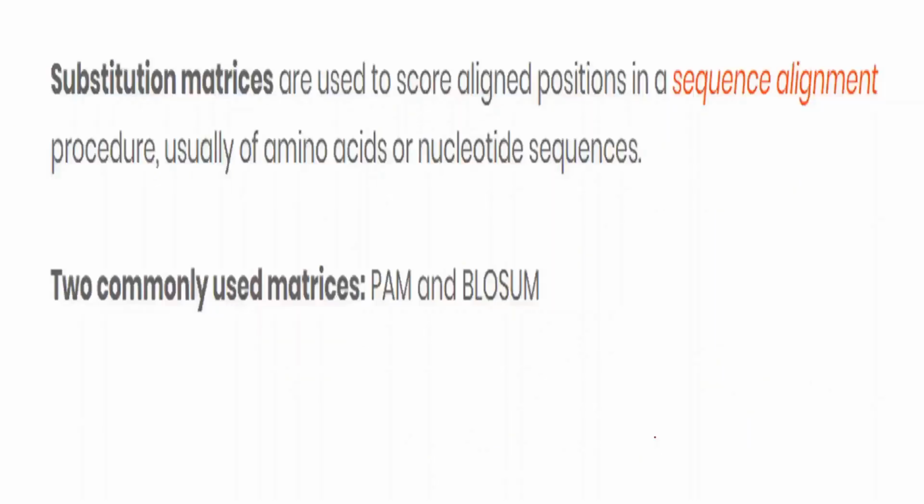Before going into the question, in BLAST there are two kinds of substitution matrices which are used to score the aligned positions in a sequence alignment procedure. It can be an amino acid sequence or a nucleotide sequence.